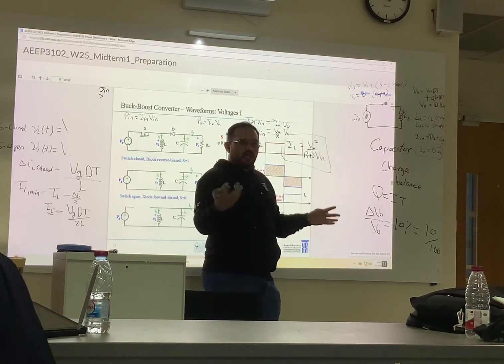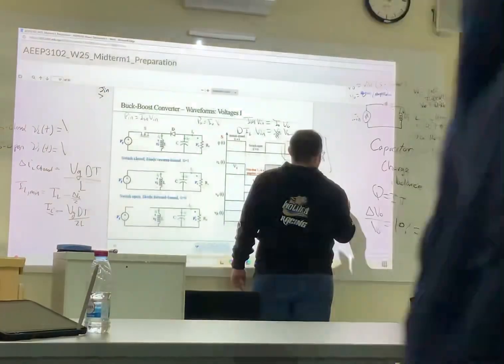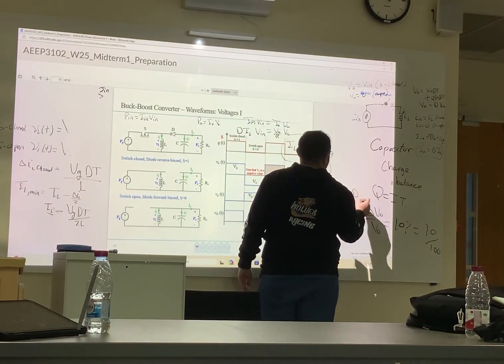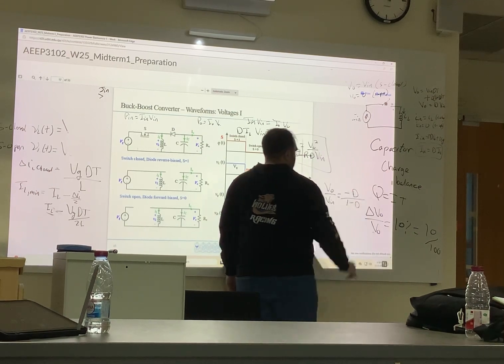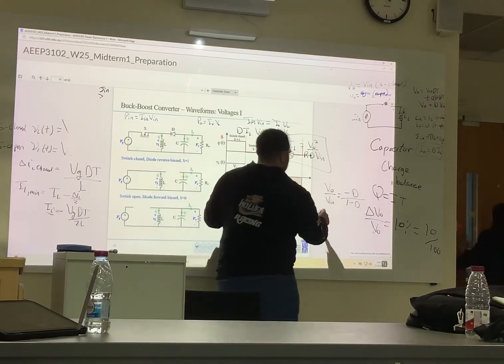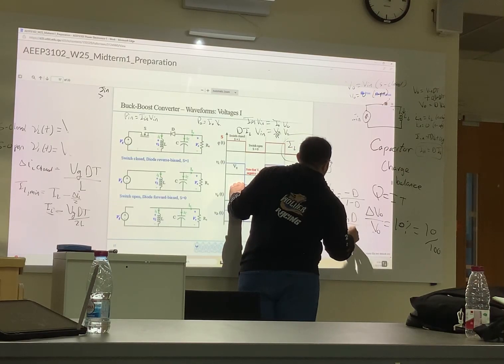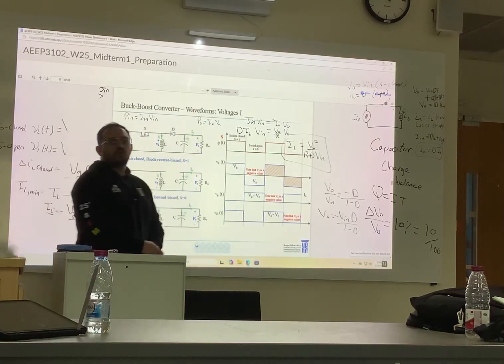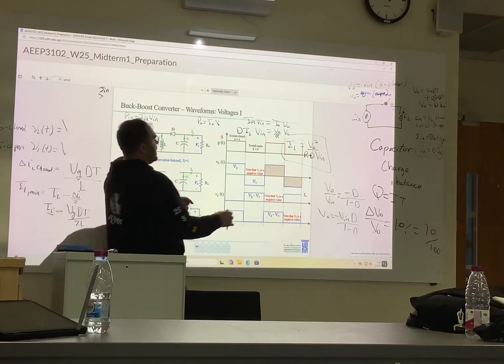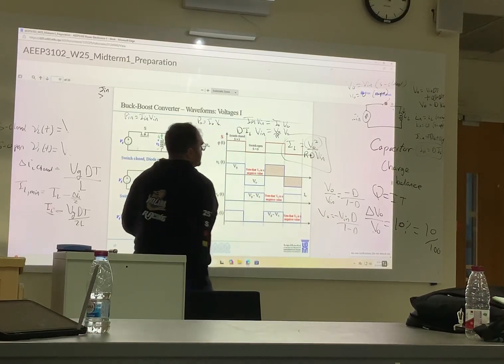It's V out divided by Vin. So I know from a buck boost that V out over Vin equals minus D over 1 minus D. So I want to replace V out by minus Vin D over 1 minus D. Correct? So I replace V out squared by this square.